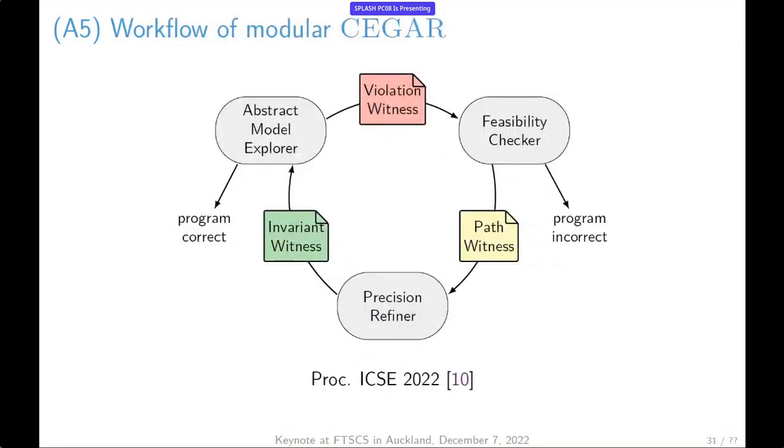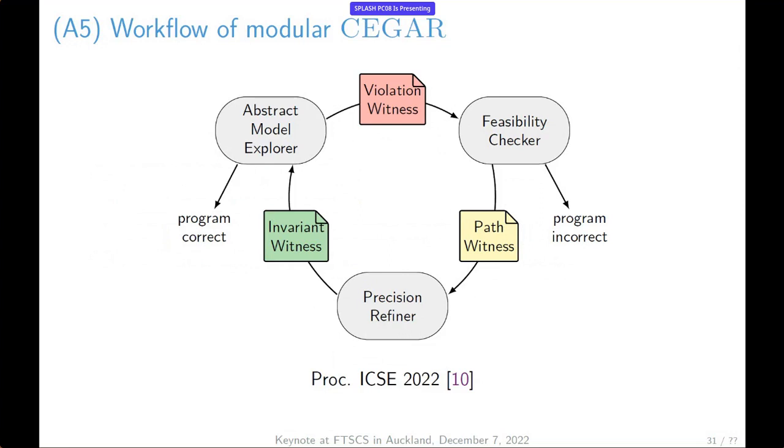So what we did is we tried to make use of these witnesses, because in the verification community, all the verification tools, they support witnesses, they spit out witnesses. So what we do now is if the abstract model explorer finds a counterexample, we dump this counterexample in the format of a violation witness, right?